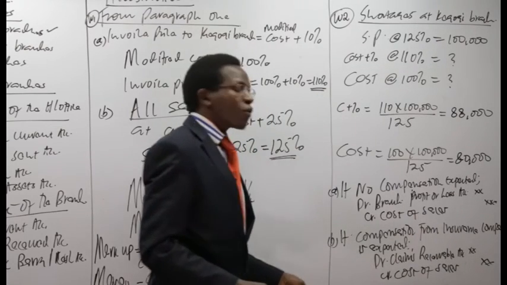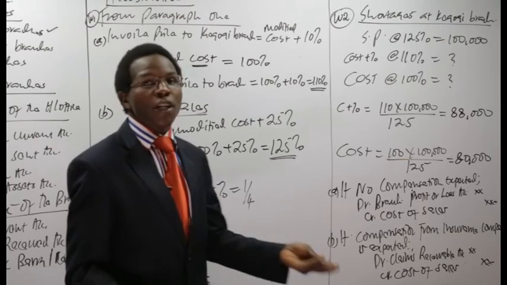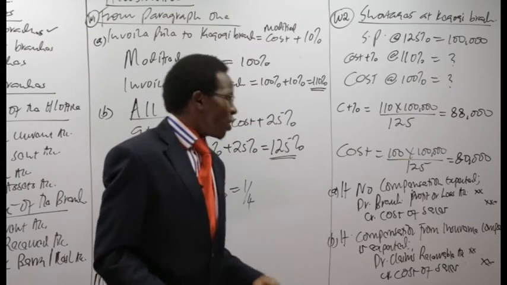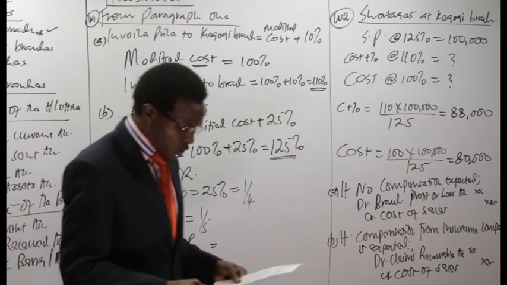When I say credit cost of sales, we can clearly say credit purchases. There's no problem in that. So that's exactly the position.